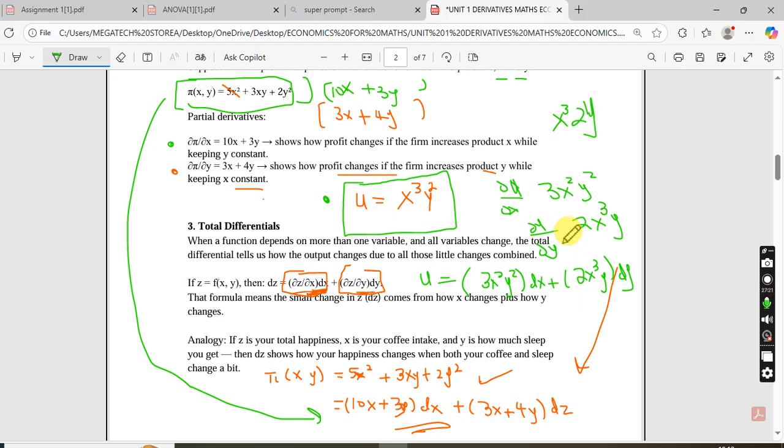Ask the question again. I'm saying for the second one, we're deriving with respect to y. With respect to y, yes. Is it supposed to be 2x?